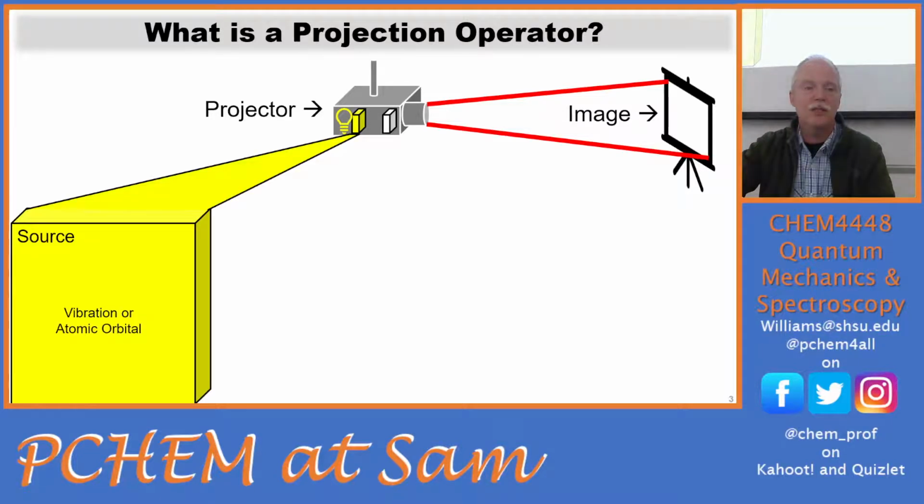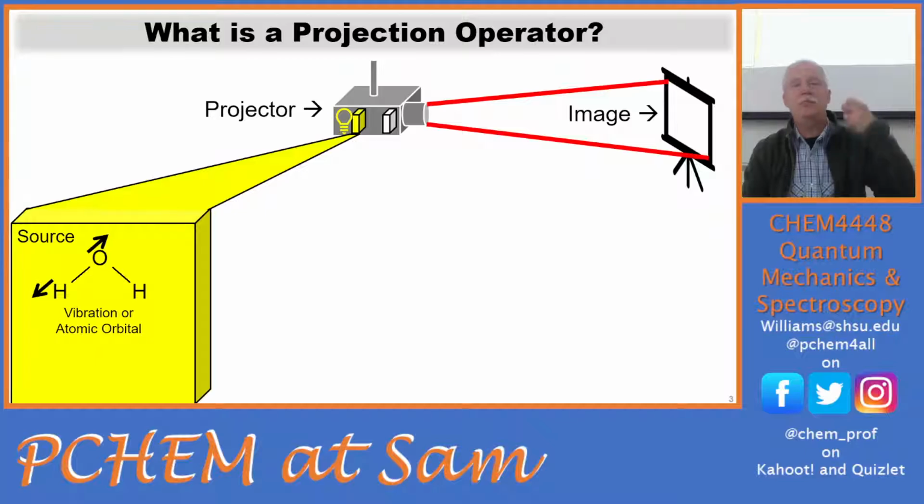We have the source, which is either a vibration or an atomic orbital. So for a vibration, if you have water, there's a couple of different kinds of bonds. You just pick one bond. It doesn't matter which one. So you pick the OH stretch on the left. And so that's going to be your source. And you'll take that through the character table, and it will produce all of those arrow diagrams for the OH stretch. Or you could pick an atomic orbital.